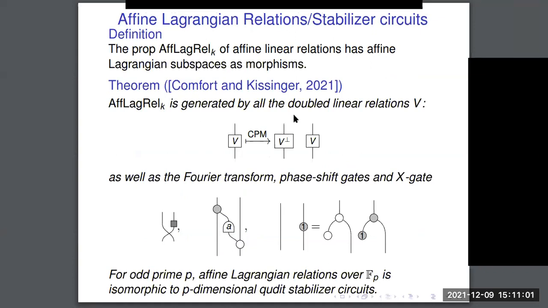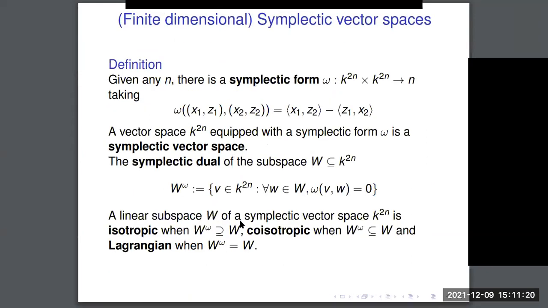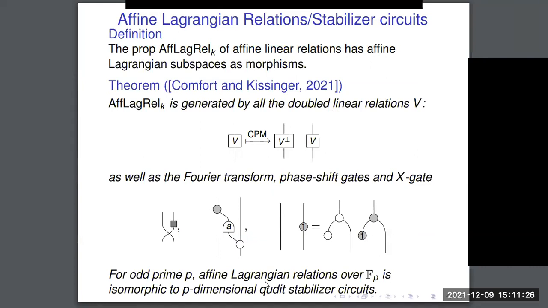Okay. So just as you have a category of relations and a category of affine relations, there's in fact a category of affine Lagrangian relations. The morphisms now are these Lagrangian subspaces with an affine shift, and composition is the same as in linear relations, so relational composition.